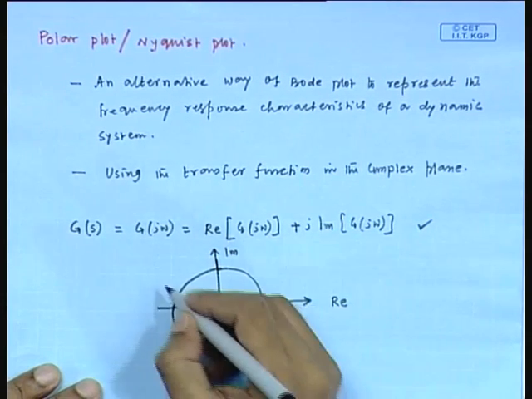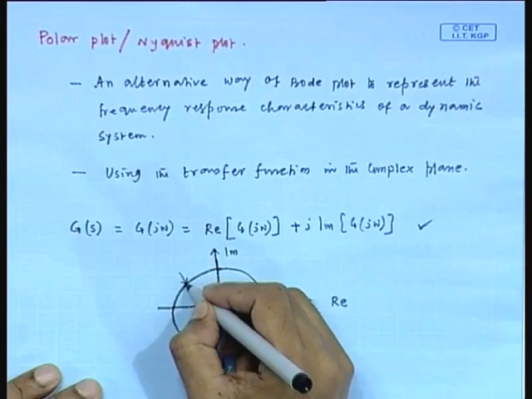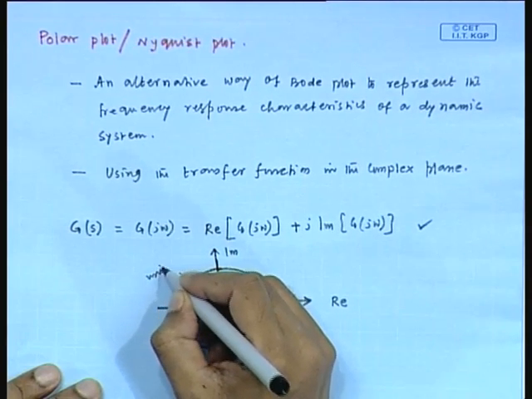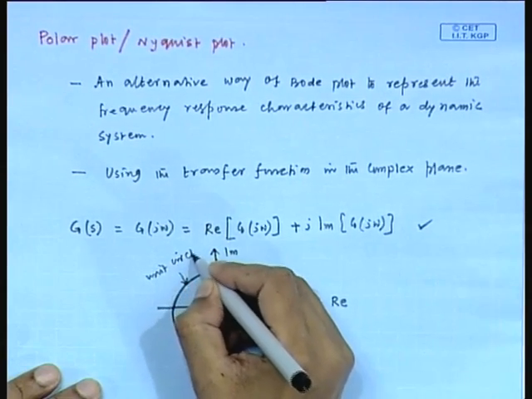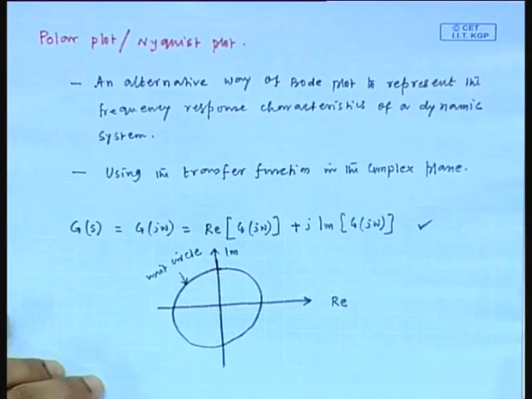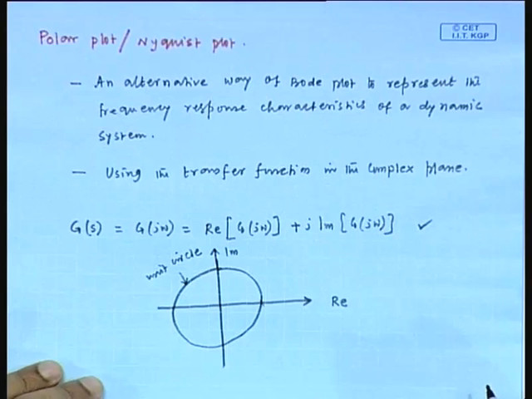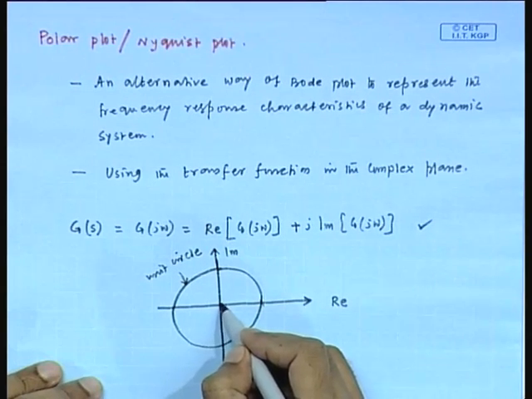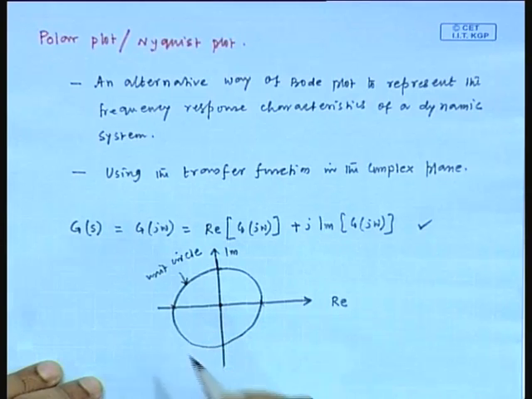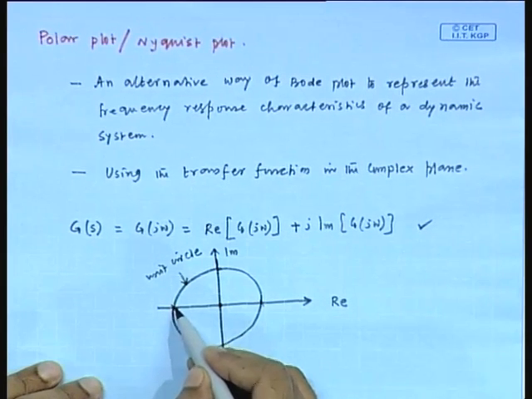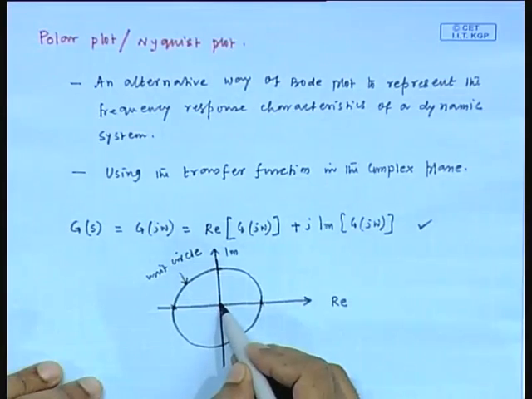Fine. That means this point corresponds to 1, 0. This is the origin, and this point corresponds to -1, 0. This one is -1, 0, this is 1, 0, and this is the origin.